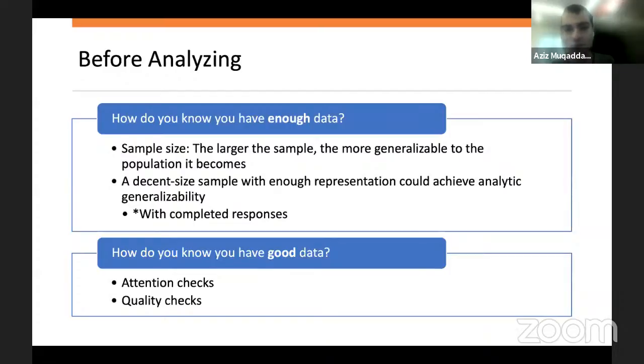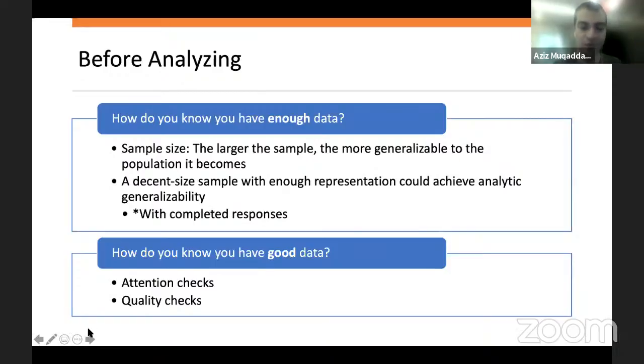A quality check would be, for instance, asking people about something they just saw. You play a clip from, I don't know, NBA match highlights, and then you ask them, what have you just watched? They have to affirm that it was some highlights from the NBA or basketball.